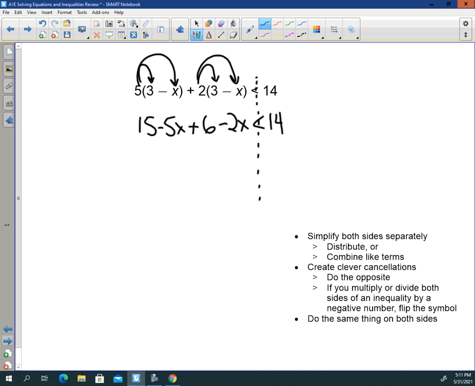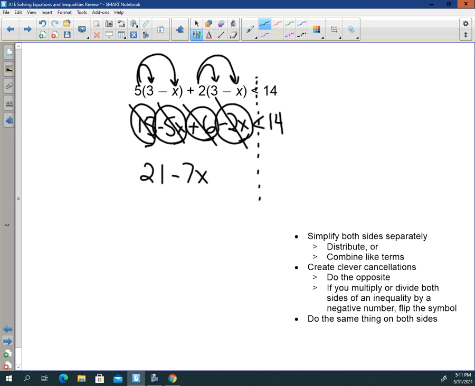All right, and so now I've distributed, and now I need to think about combining like terms, because you see how I have a 15 and a 6. Those can be thrown together. 15 plus 6 is 21. I also have a negative 5x minus another 2x, or negative 7x. And that's going to be less than 14.